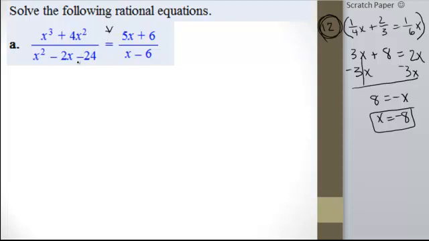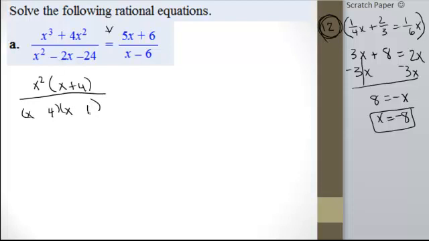Okay, let's go ahead and factor everything just to see if anything can reduce. I don't know if it will or not, so we just need to test it. So in the numerator, we can factor out an x squared, and we'll be left with x plus 4. In the denominator, we can factor this one because we need factors of 24 that add up to a -2.